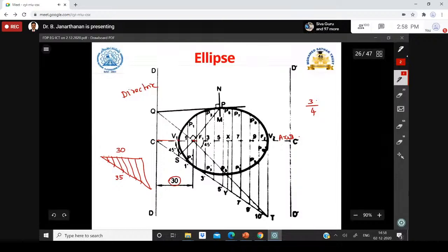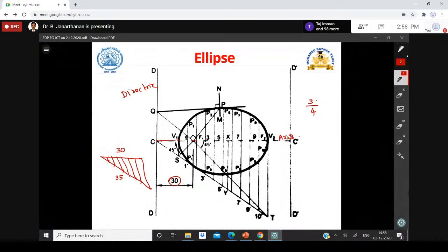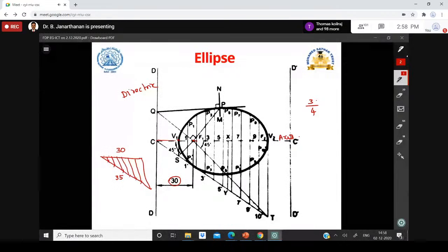Then there is a procedure for drawing this ellipse, which I am not able to give because I have to introduce the ICT tool. You divide this into some arbitrary number of divisions, which need not be equidistant, draw these lines, and then cut arcs. One thing a student may not understand is how to mark the other end of the ellipse.